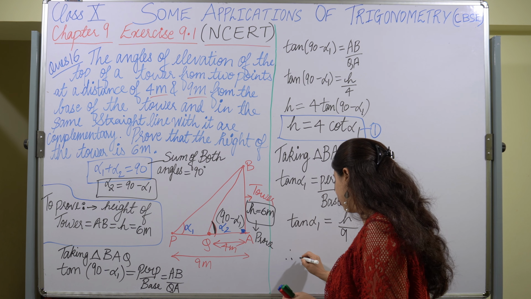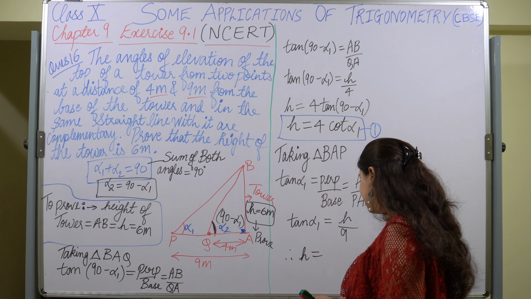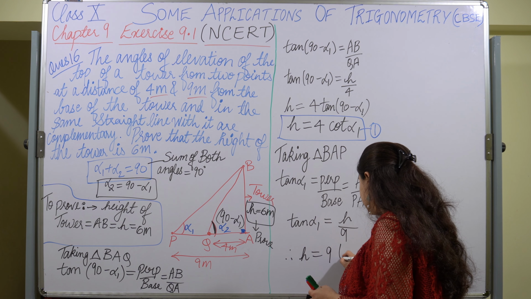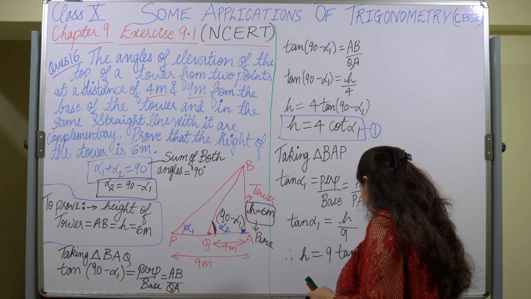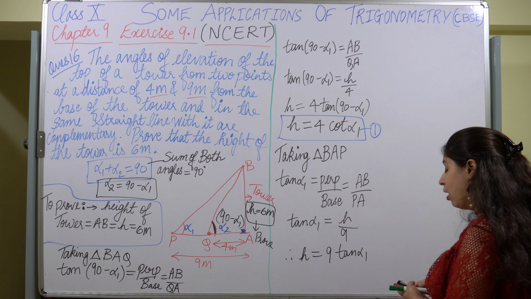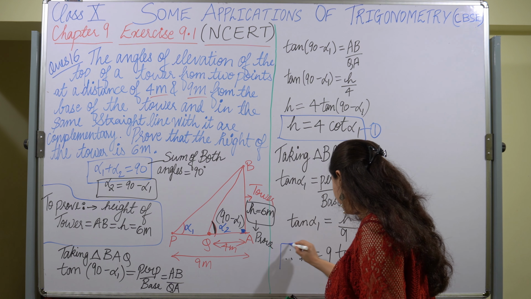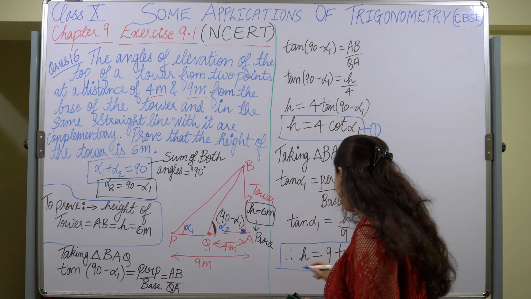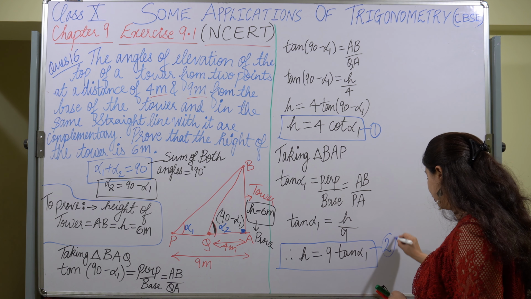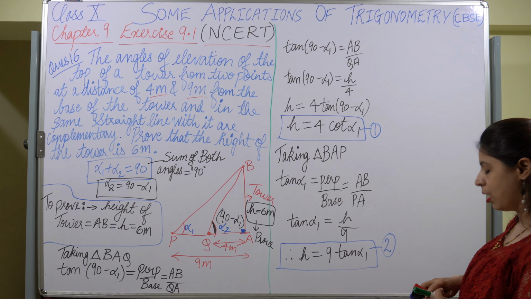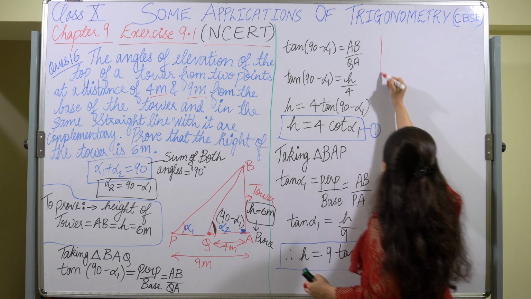So from here, when cross multiplied, H will be equal to 9 tan alpha 1. Let us mark this as equation number 2.